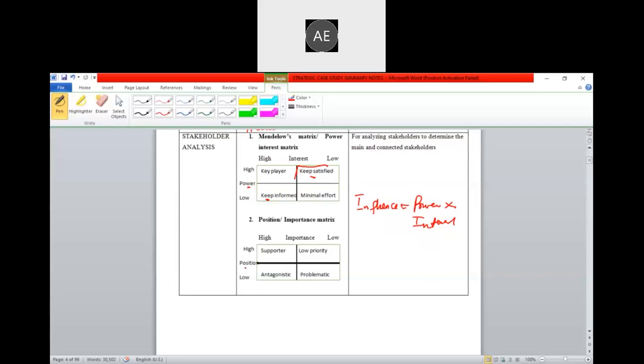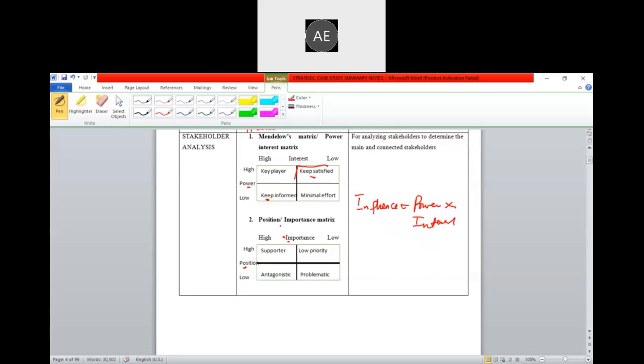Now, a stakeholder who has high position on a certain matter or a decision taken by the company and high importance. The importance here is like the power in the Mendelow's matrix. And then the position is very similar or the same as the interest in the Mendelow's matrix.